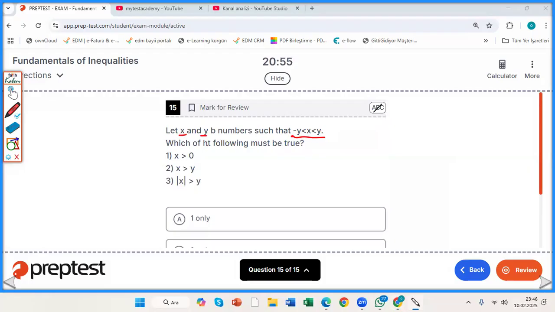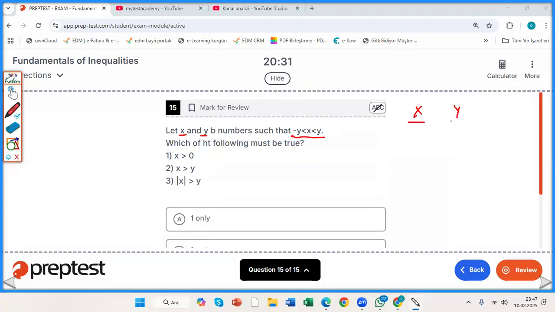Are they real numbers, negative numbers, positive numbers, integers? Nothing is given. So for that kind of question, I know that we have to check each option. Assume that x and y are real numbers.